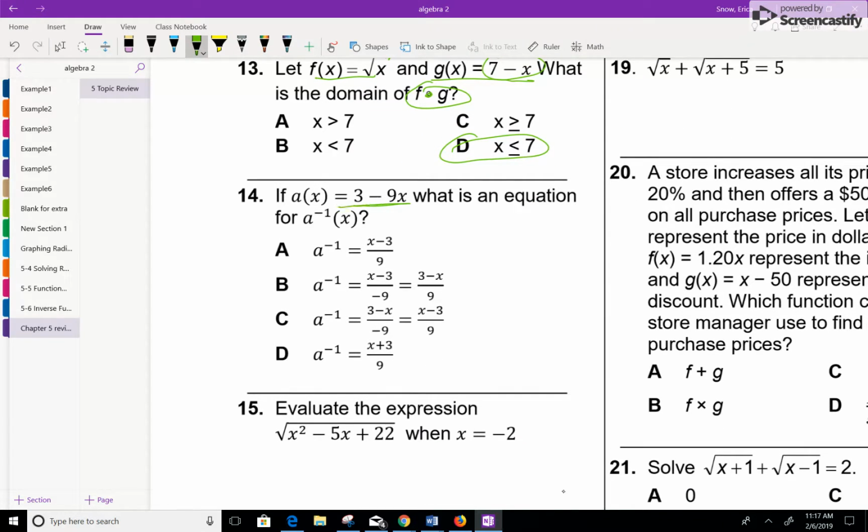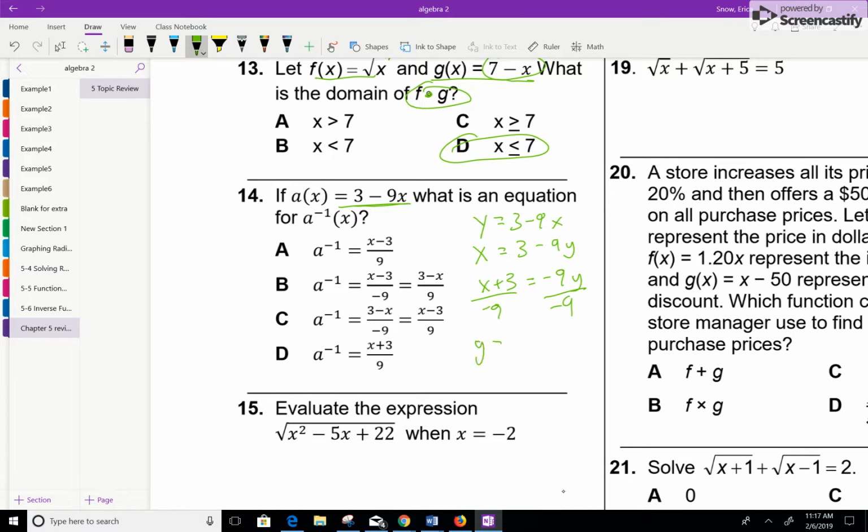With 14, they've given us this, and we are going to find the inverse. So we're going to start by writing that as y equals 3 minus 9x. Then we swap our x and y. Divide by negative 9.